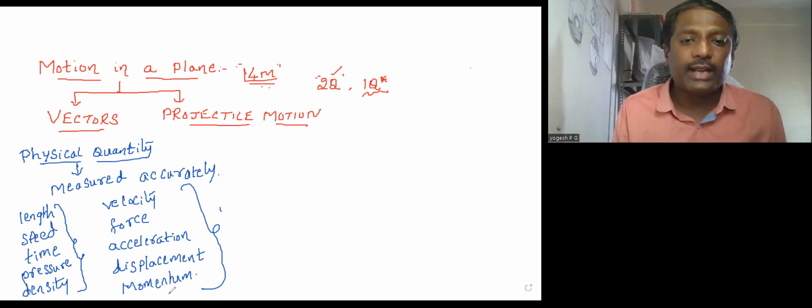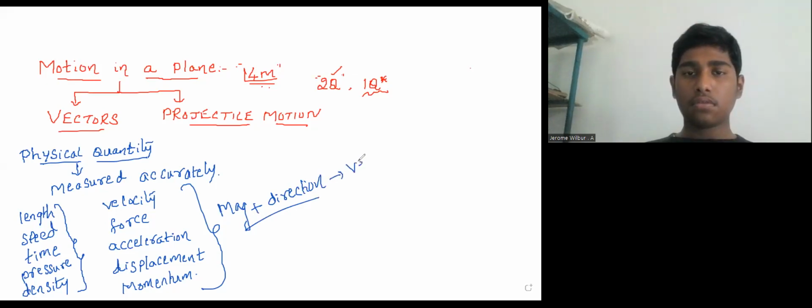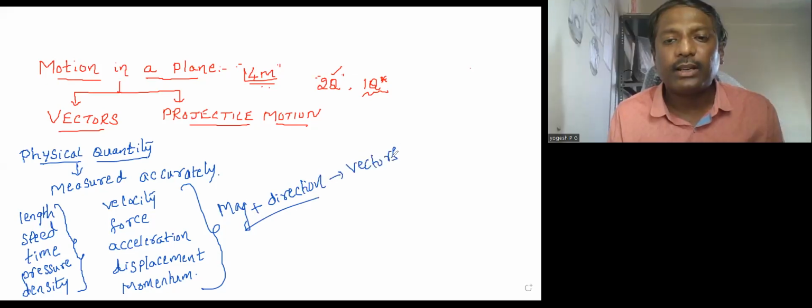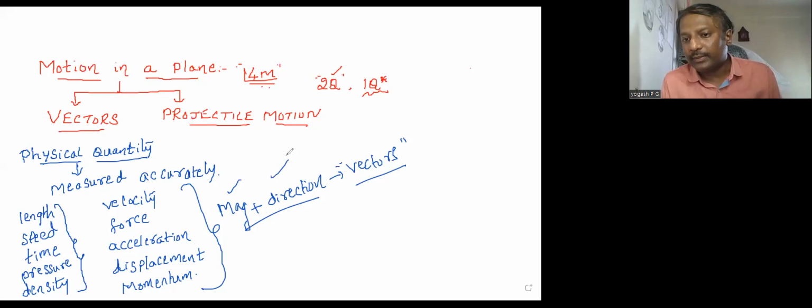So the quantities having both magnitude and the direction are considered as what? Vectors. Very good, vectors. So what are vectors? Vectors are the quantities having both magnitude and the direction.